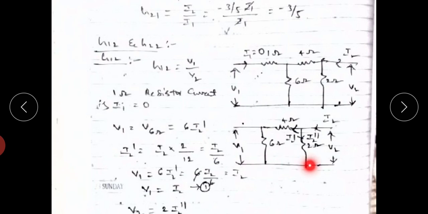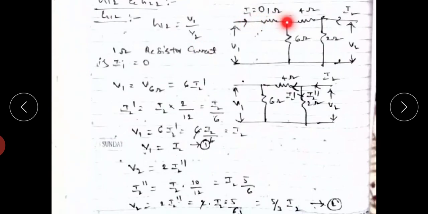Next, by using this circuit, we have to find H12 and H22. First, H12 equals the formula V1 by V2. Here the 1 ohm resistor current value equals 0, so remove the 1 ohm resistor. First V1. V1 equals the voltage across the 6 ohm resistor.